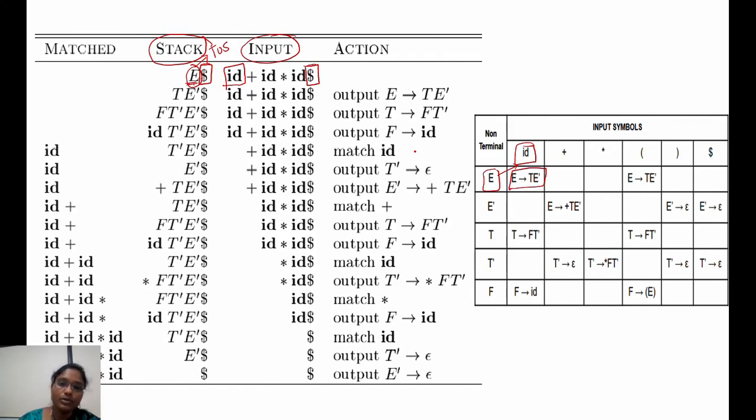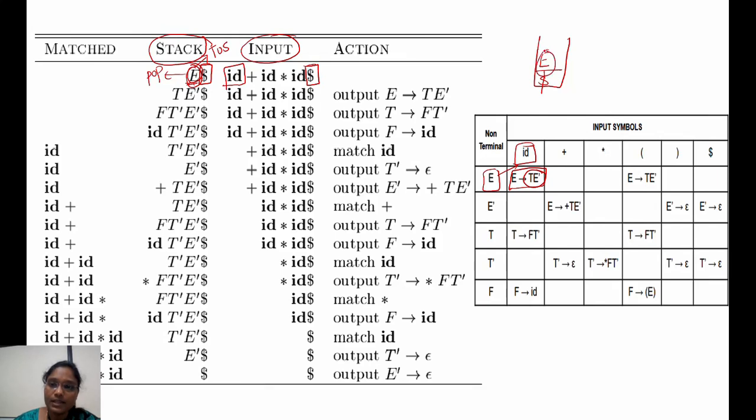So what we should do now is push the body of the production into the stack. Before pushing this, we have to pop what is already there in the stack. So this has to be popped out, and the body of the production has to be pushed into the stack in the reverse order. We have dollar and E initially.